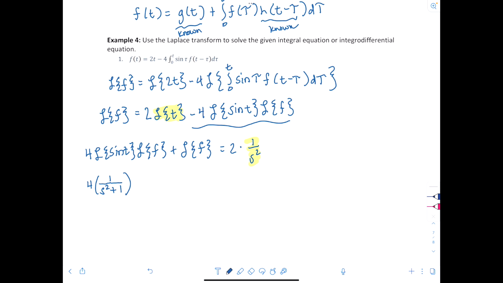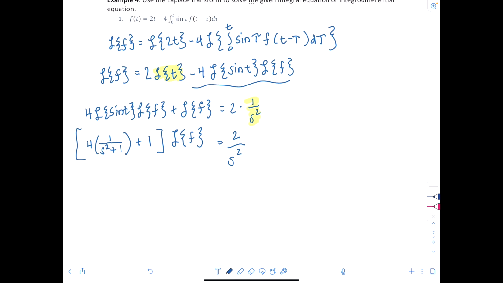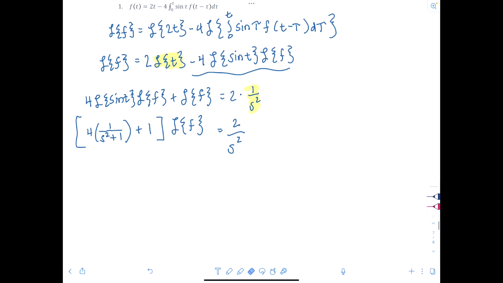So what if I said plus 1, factored out the L of f on the right, and that's equal to 2 over s squared. Cool so far? On the left side, let's clean this up a little bit. We will have 4 plus s squared plus 1 all over s squared plus 1, just getting a common denominator, times L of f equals 2 over s squared.